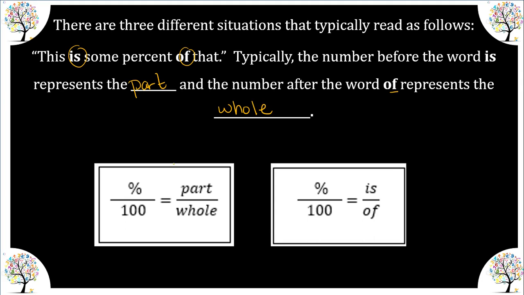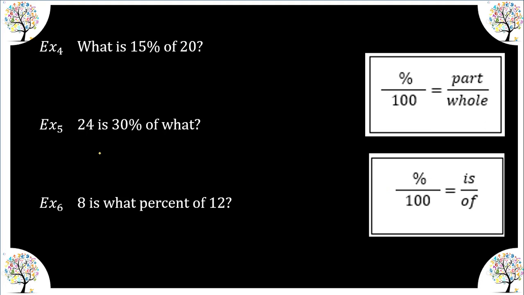So this will help us set up our proportion. Percent over 100 is equal to is over of. Is is the part, where of is the whole. So sometimes when we have word problems and we have the words is and of, that will help us set up our percent proportion.